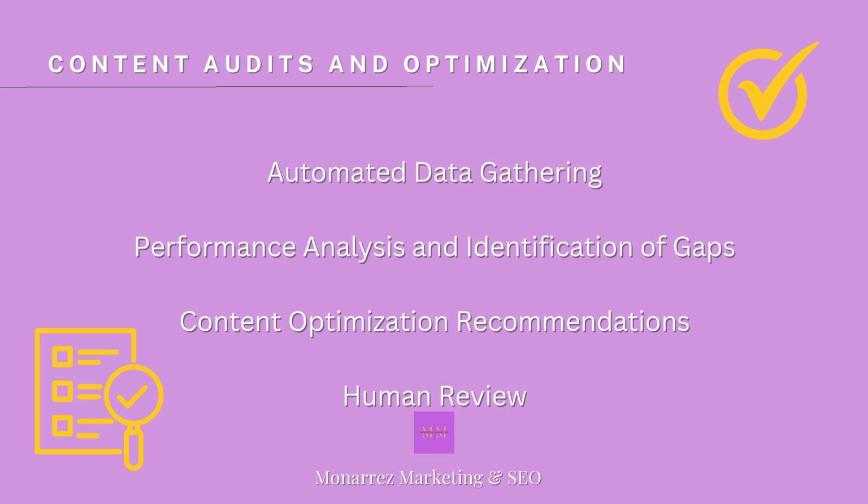But when it comes to AI, it's able to pull the performance metrics from different sources and put them into one single dashboard, which is amazing and saves a lot of time. On top of that, it can automatically flag the underperforming pages and identify content gaps.